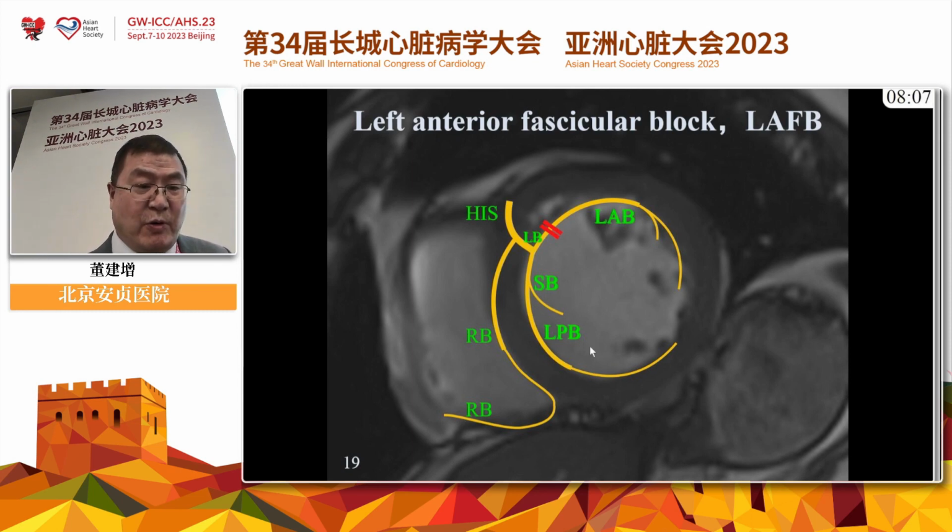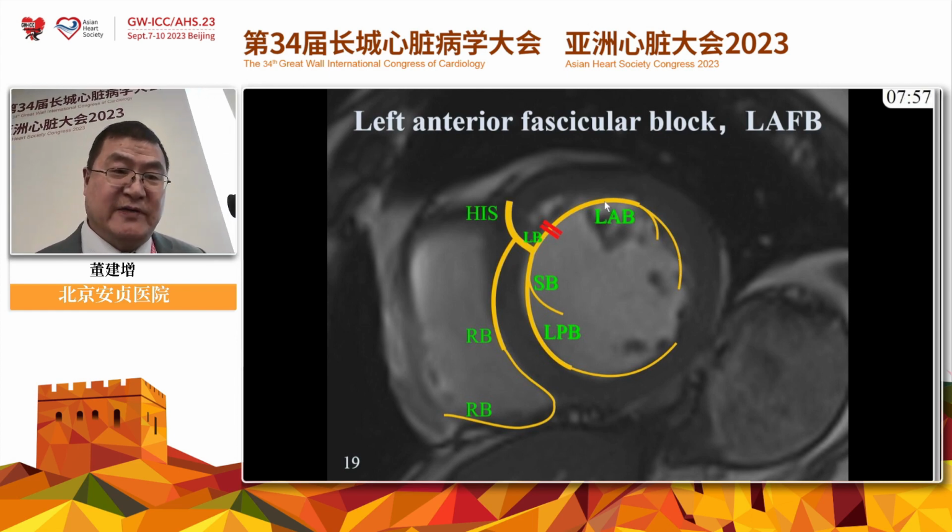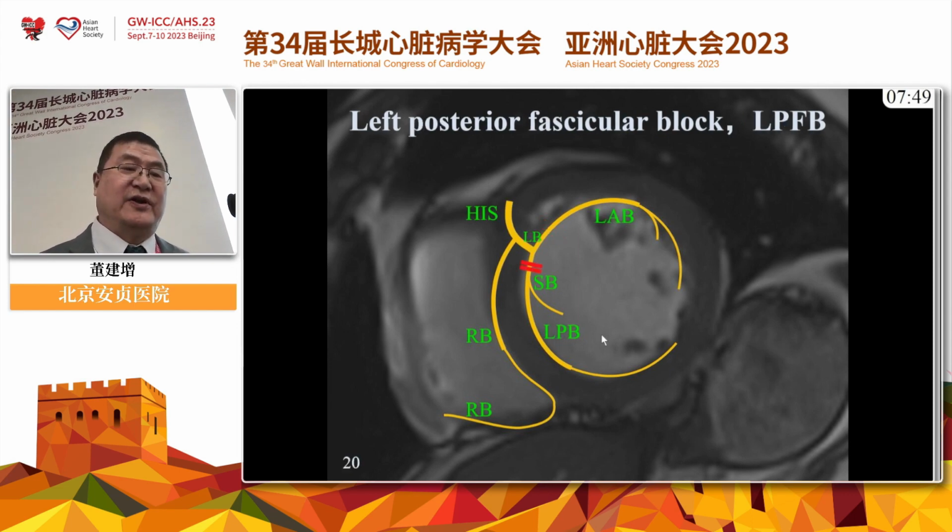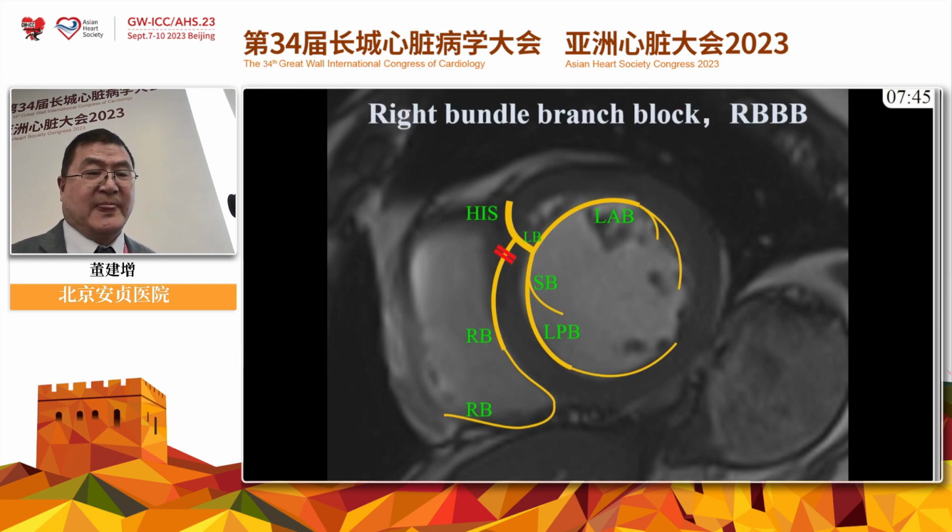So the inferior wall will be activated early, and the anterolateral wall will activate and contract later. So for patients with left anterior fascicular block, the inferior septum will get atrophy and will contribute to heart failure. Left posterior fascicular block is similar.